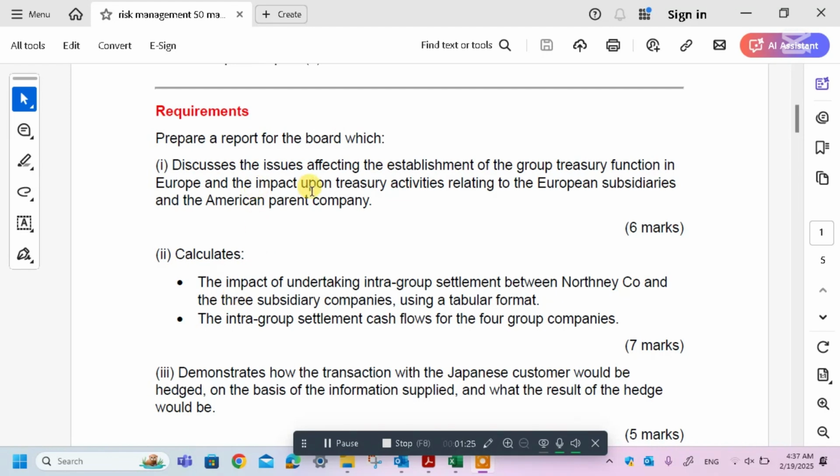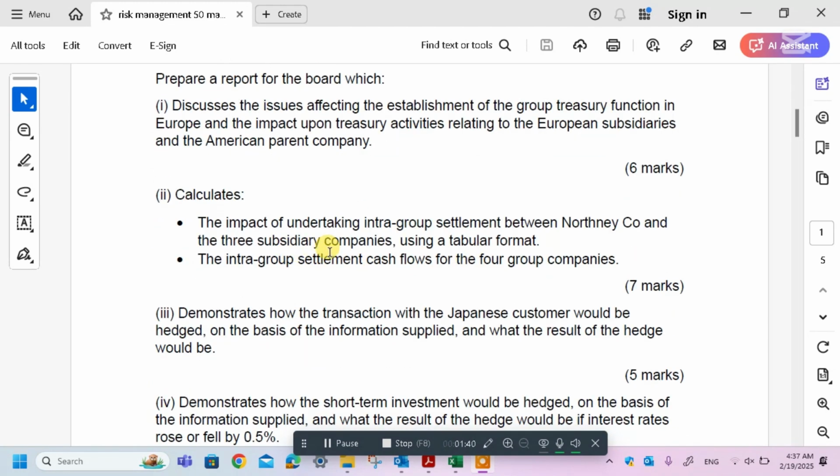First one discusses the issues affecting the establishment of the group treasury function in Europe and the impact upon treasury activities relating to the European subsidiaries and the American parent company. Some discussion, 6 marks.